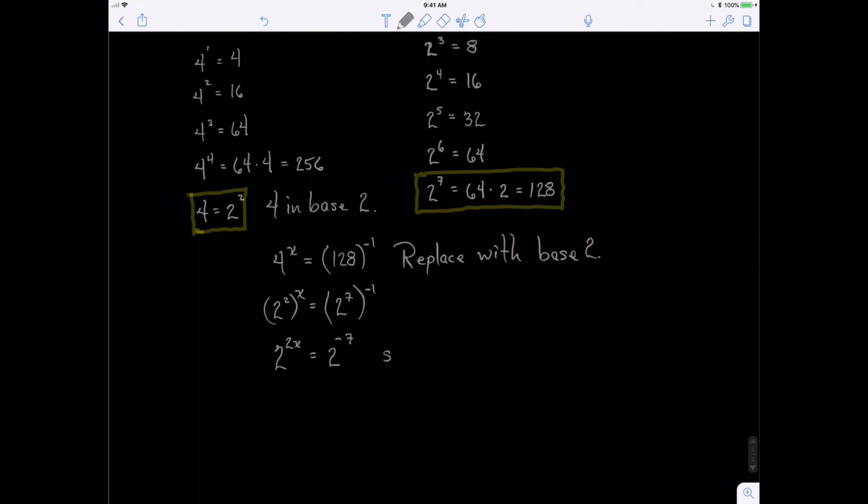Now, since the bases match, this is key here: since the bases match, solve by setting the exponents equal to each other.